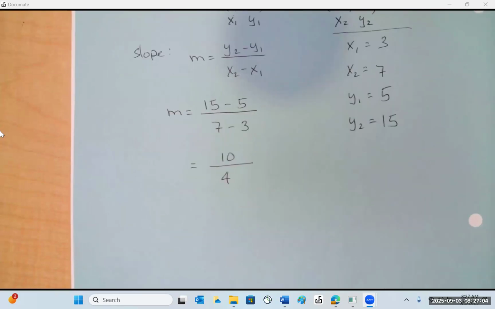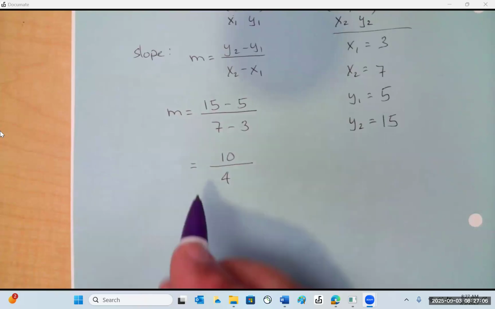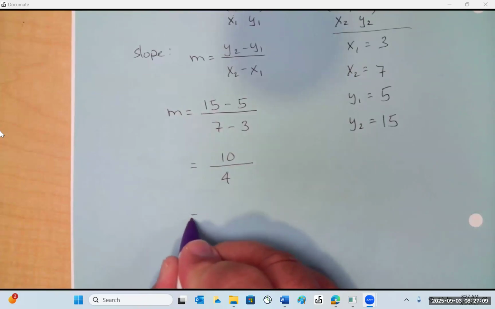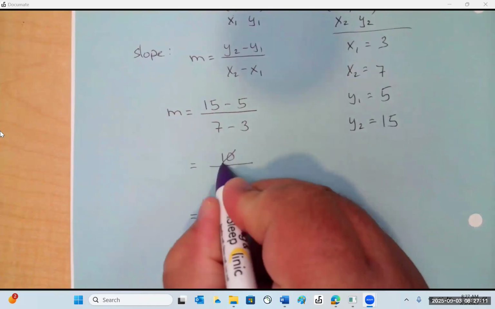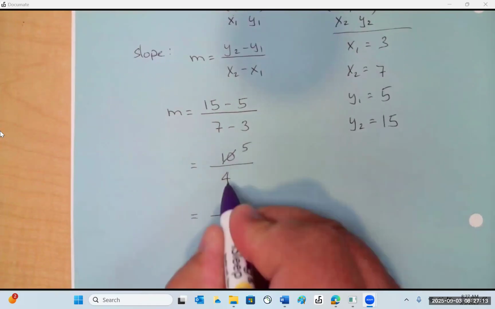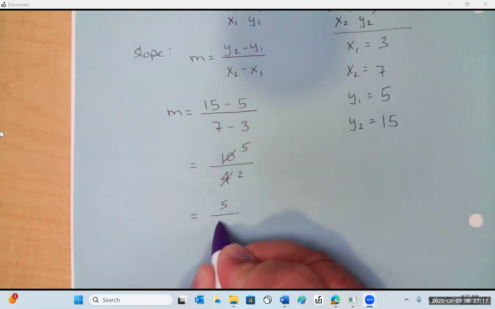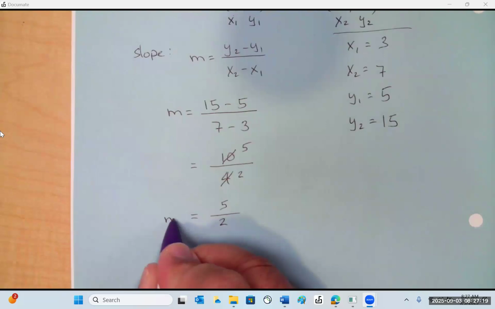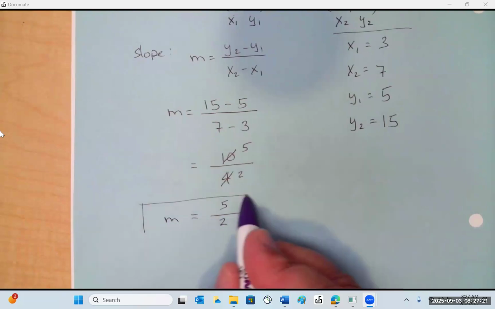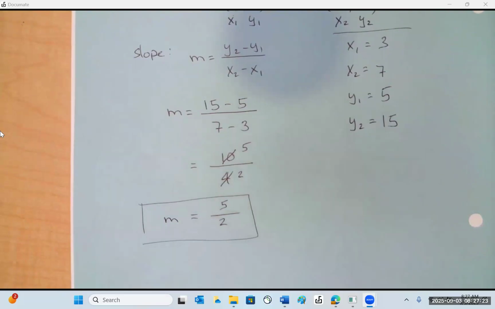Can I simplify any further? What do they both have in common? Yeah, so 2 goes into 10 5 times. 2 goes into 4 twice. That is your slope.